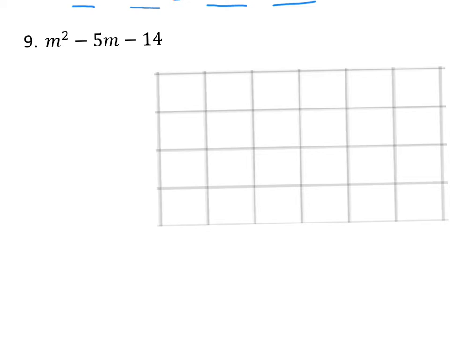Greatest common factor across the first row is m. Greatest common factor across the second row is negative 7.